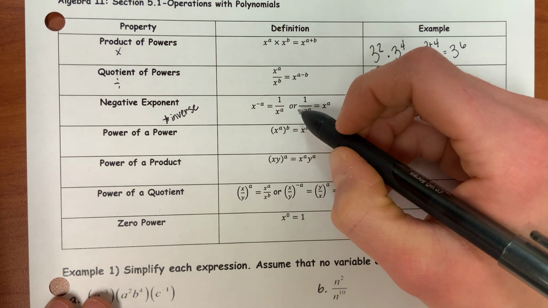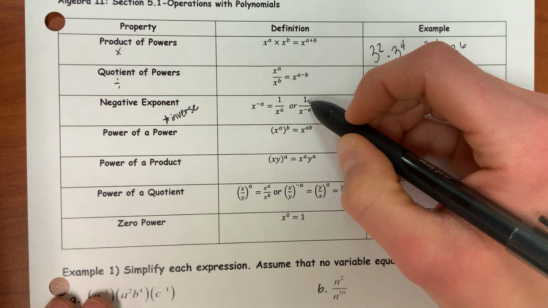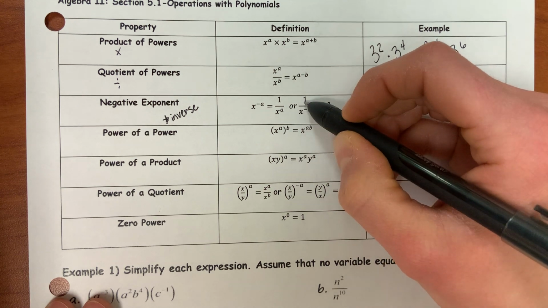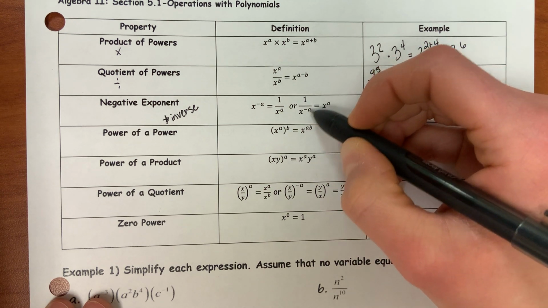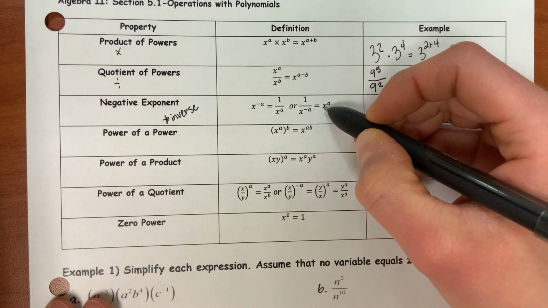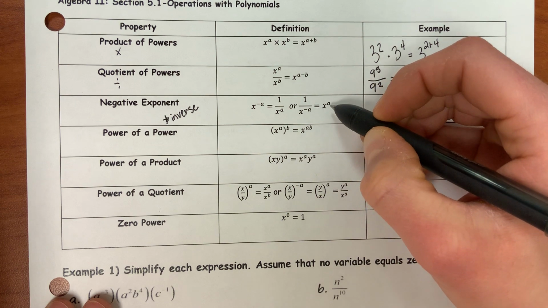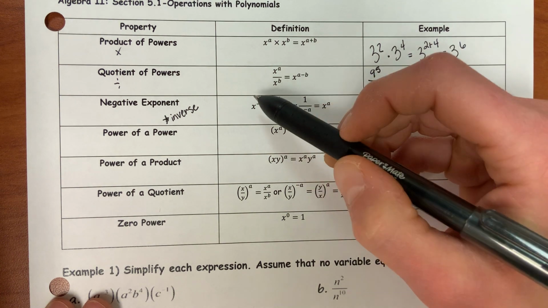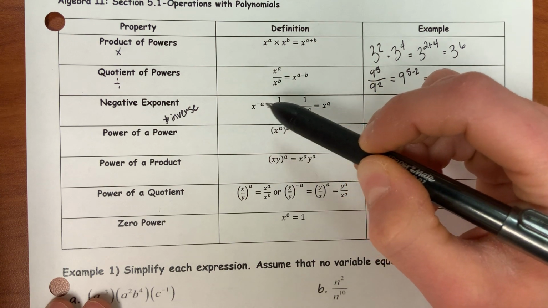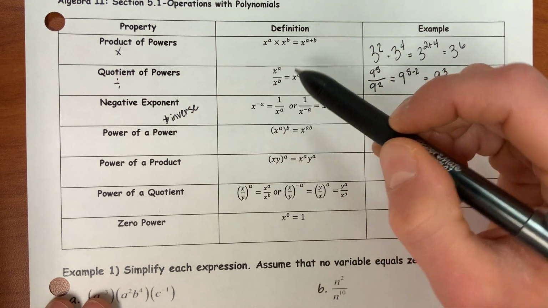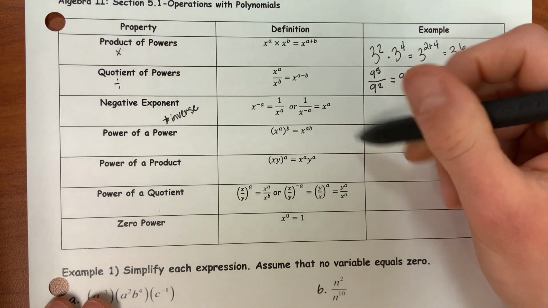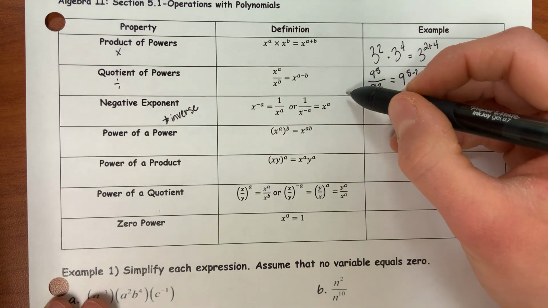Or another way to look at this, if you have a negative exponent that's already in the denominator, just bring it up to the top, like this example, 1 over x to the power of negative a equals, if I bring it up to the top, x to the power of positive a. So these two relations right here, they're just inverses. If you have a negative exponent, whether that's in the top or the bottom, switch it to the opposite side, and that exponent will become positive, which is our goal here.